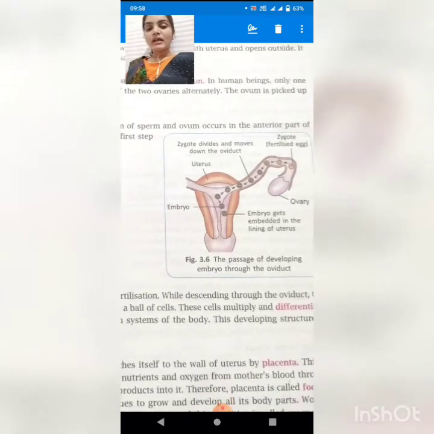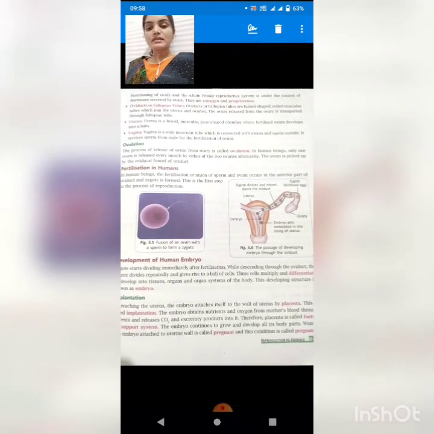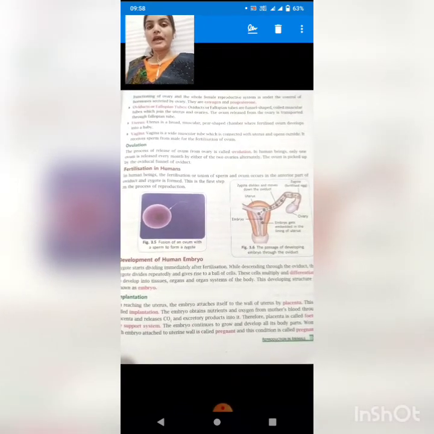After that, the next topic is development of the human embryo. As I told you, the development of the human embryo takes place in the uterus of the female body. Zygotes start dividing immediately after fertilization. While descending through the oviduct, the zygote divides repeatedly and gives rise to a ball of cells.